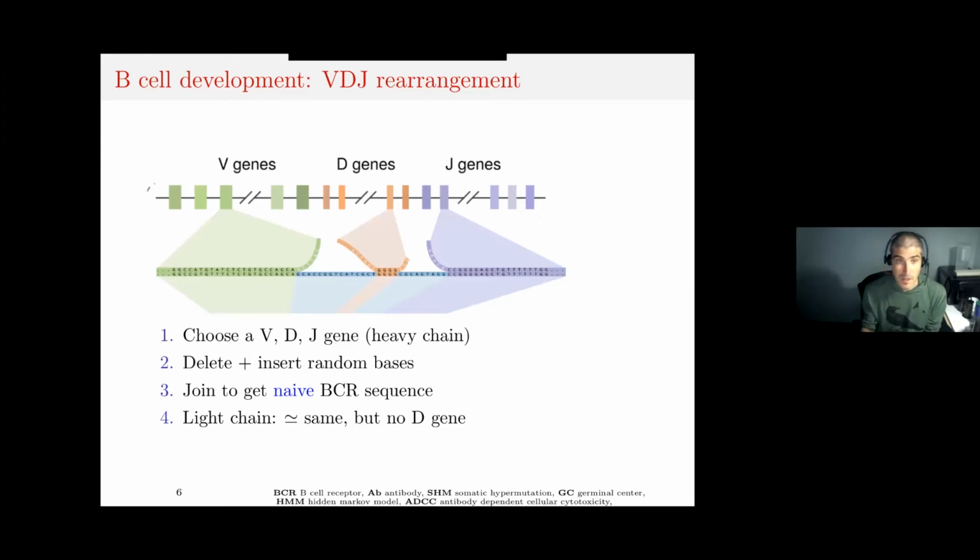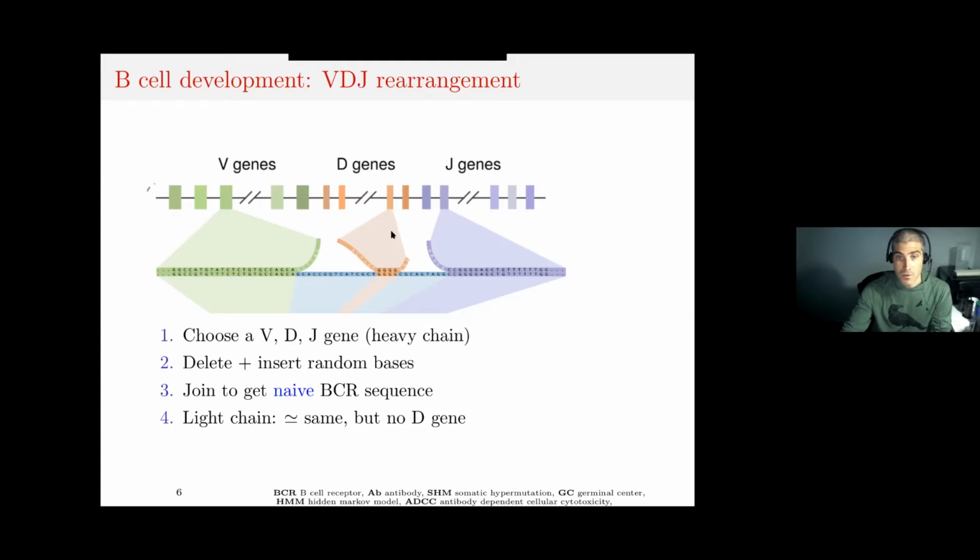And so the first step of B cell development that generates this diversity is called VDJ rearrangement. Those 3 letters are just arbitrary labels for gene families. And so this bottom sequence here is the complete BCR sequence that codes for the antibody. And the way your body constructs that during B cell development is that you have a bunch of different V genes, like around 50 different kinds of V genes, and one of these V genes will be chosen here.